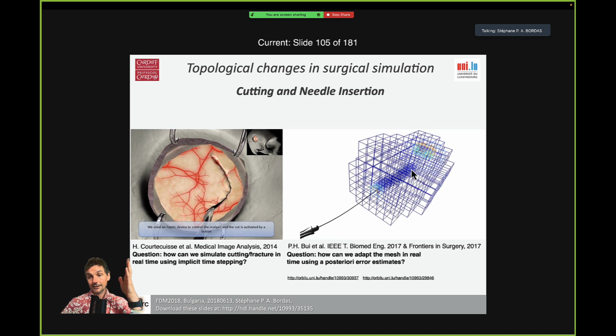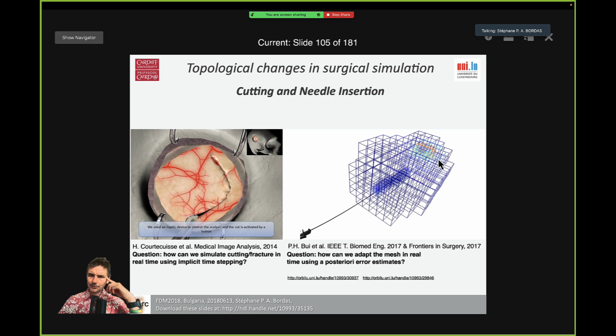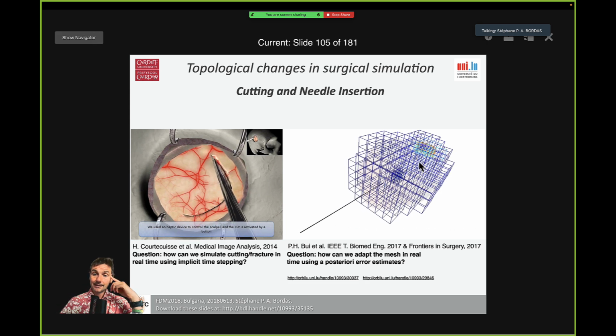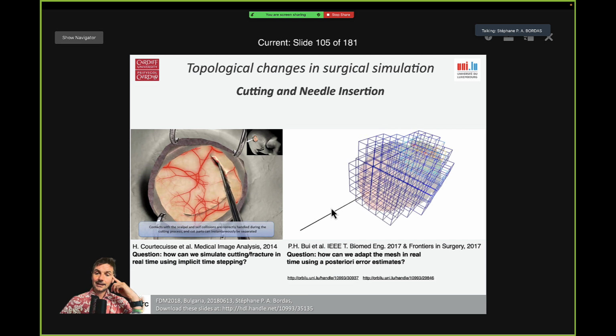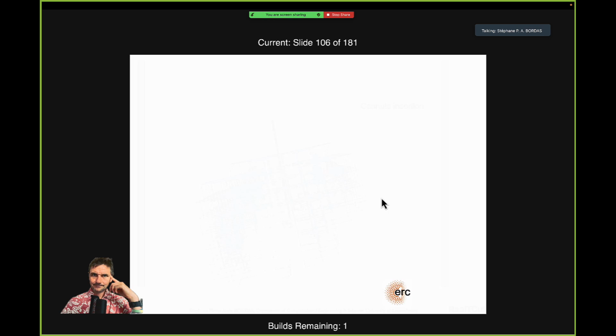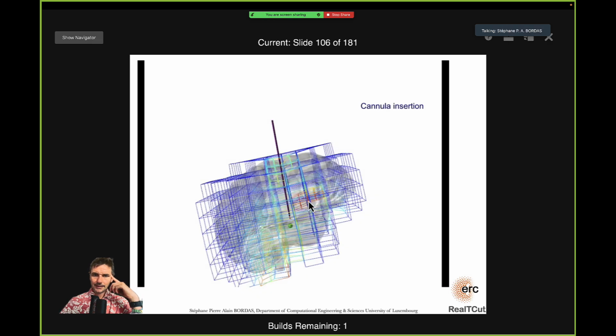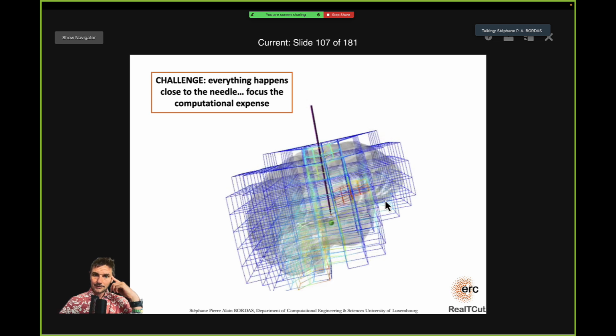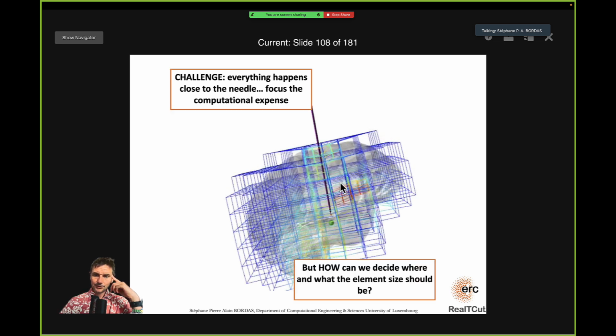It is not random refinement, as you can see also here with the boundary conditions. There is some local refinement because of error levels. Then we retract the needle, and the mesh is coming back to its original density.